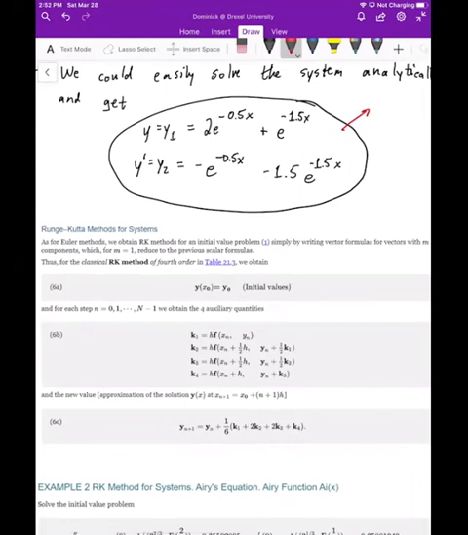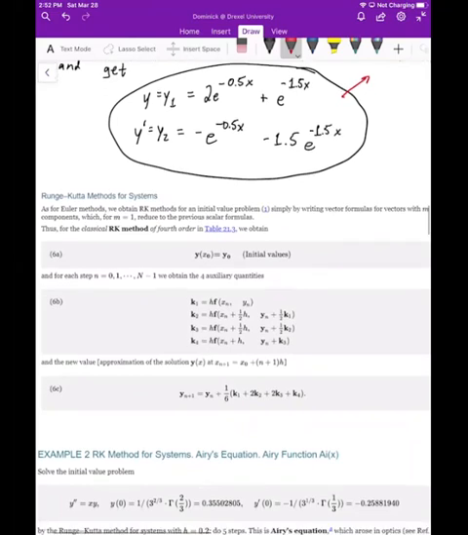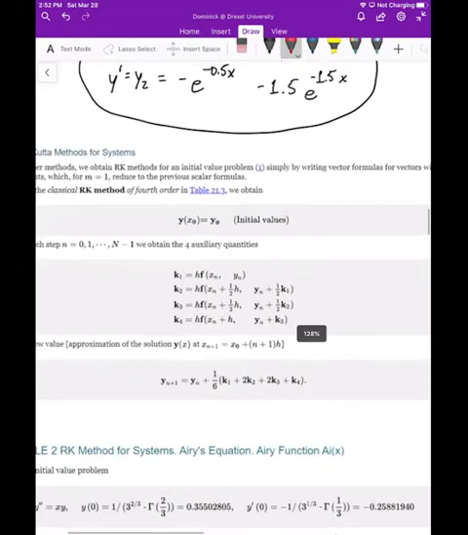Now we're going to discuss a method that's much more useful, and that's the Runge-Kutta method for systems of ODEs. When I say Runge-Kutta here, we're assuming a fourth order, which is often called RK4.